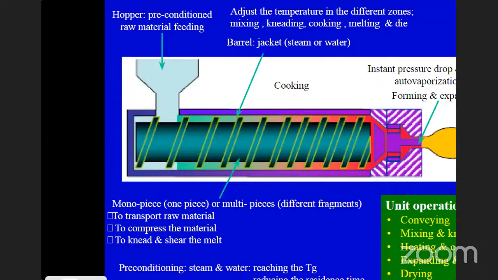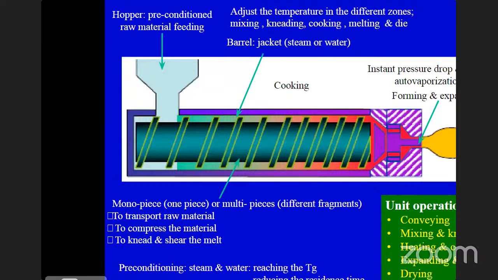The rotation of the screw allows mixing, homogenization, and kneading of the mix and conveying it to the different processing zones within the extruder. As a result of some physical and chemical changes, we obtain a viscoelastic melt which is compressed and forced towards the die through which it then exits.